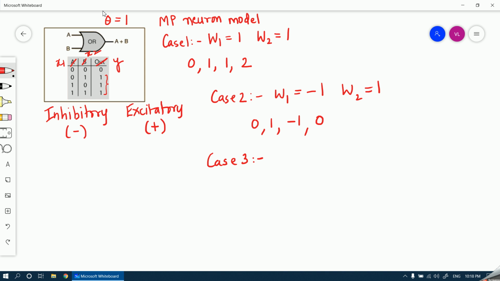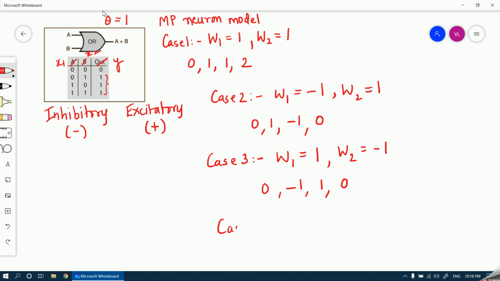Case 3: when W1 is excitatory and W2 is inhibitory, the output that is obtained is 0, -1, 1 and 0.